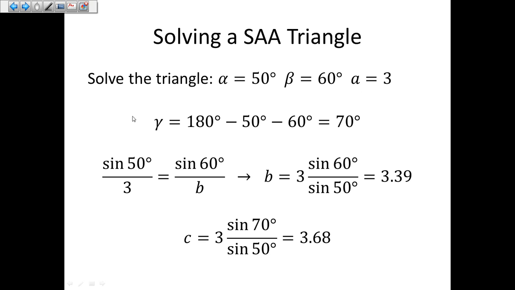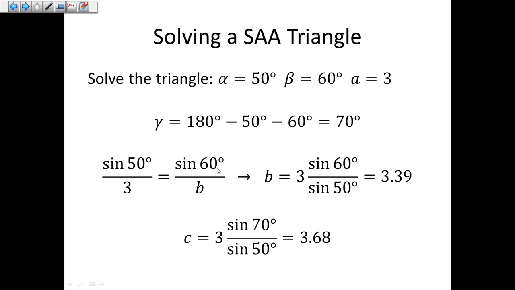But as you can see here, I actually started with the easy thing first. I found gamma. Now that actually gives us the ability to find both side B and side C. So the way that we do that is we use the law of sines.